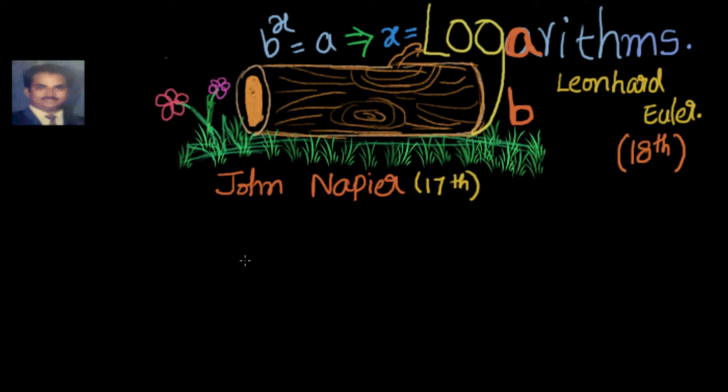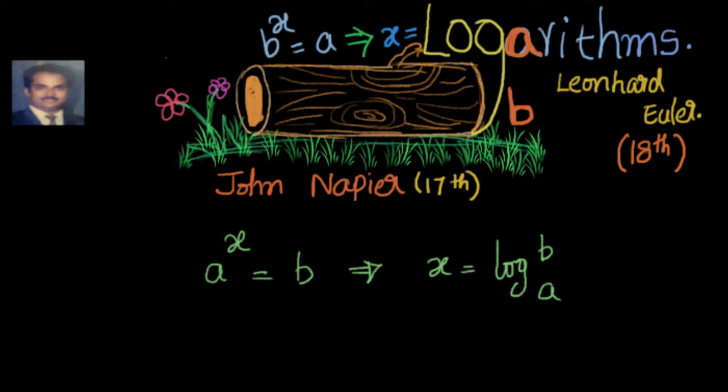So we write a logarithm in two forms. If you take this exponent form, a to the power x is equal to b, then we say that x is equal to logarithm of b to the base a.